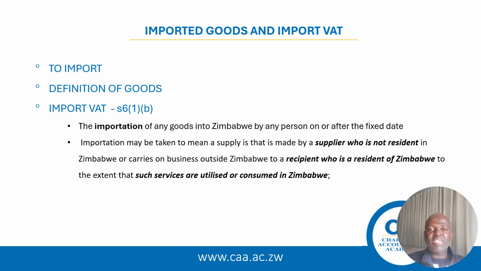So with an importation, my understanding is that you've got to have a supplier who is a non-resident or who is operating outside Zimbabwe. And then the recipient must be a resident.